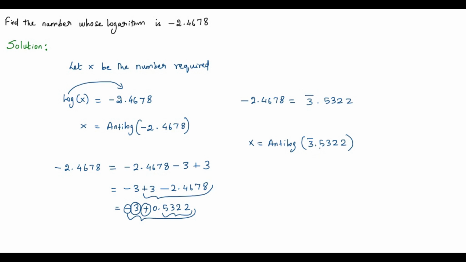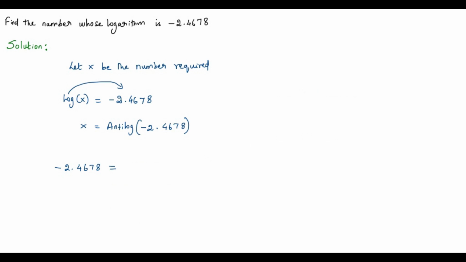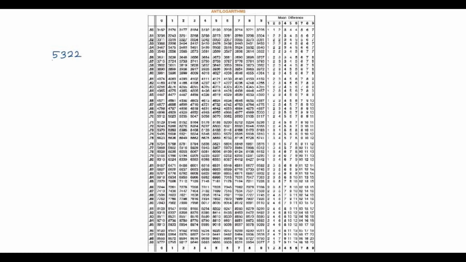So now let's move to anti-logarithm table to get value for 5322. Okay, here we are going to look at value for the number 5322 in anti-logarithm table. So it's very simple. That is, we have to go to 53rd row, second column, and mean difference second column. Okay, first let's go to 53rd row. So this is 53rd row.